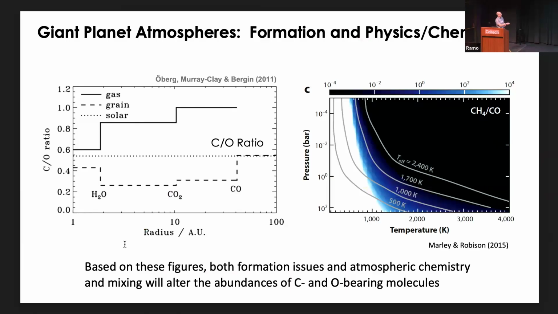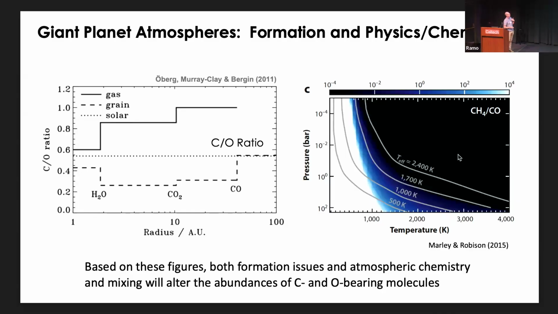On the right, this is a paper from over a decade ago now, looking at the methane to CO ratio. Black is CO-rich, white is methane-rich over a very large phase space. And you can see, hot planets CO-dominated, cool planets methane-dominated. That also affects the water vapor abundance via that chemical reaction between those two.